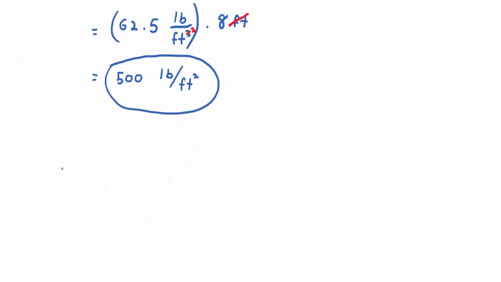Before we do the next example, I think it's worth noting that what we just discovered is that fluid pressure, or just pressure, is measured in force per unit area.